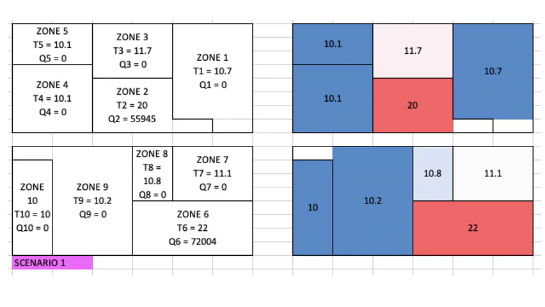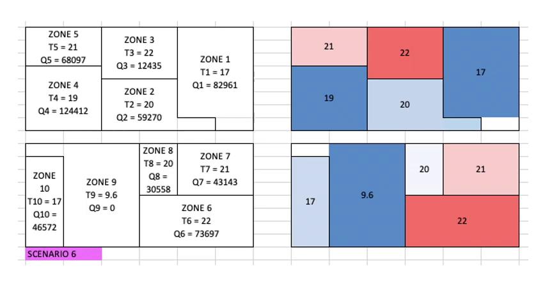So we had about 15 heating scenarios, so I just did an example of 2. This is an example of heating scenario 1, so you can see the different zones of the building require different energy outputs for scenario 1. And here is the example for scenario 6.